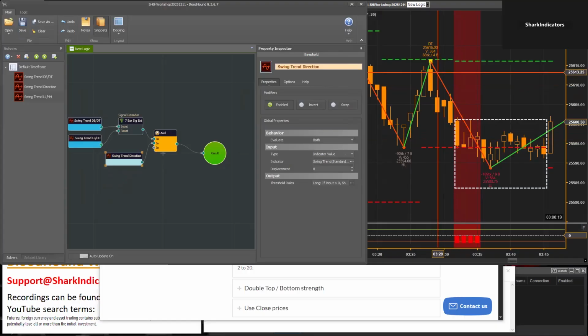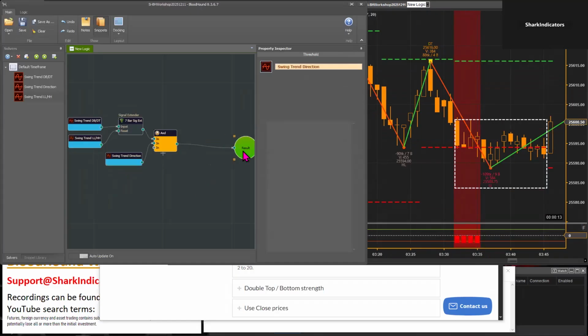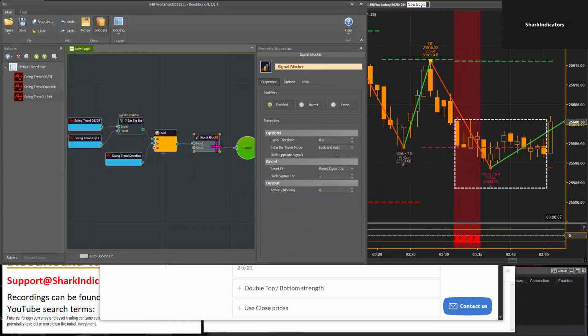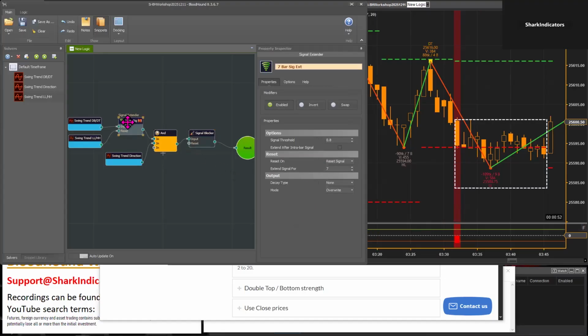Since our downswing was locked in sooner, if we wanted to clean this up a little bit, all we need to do is add a signal blocker there, like so. And I think 5 is good enough. We might need to block for 6 bars, in other words, 1 bar less than our signal extender.